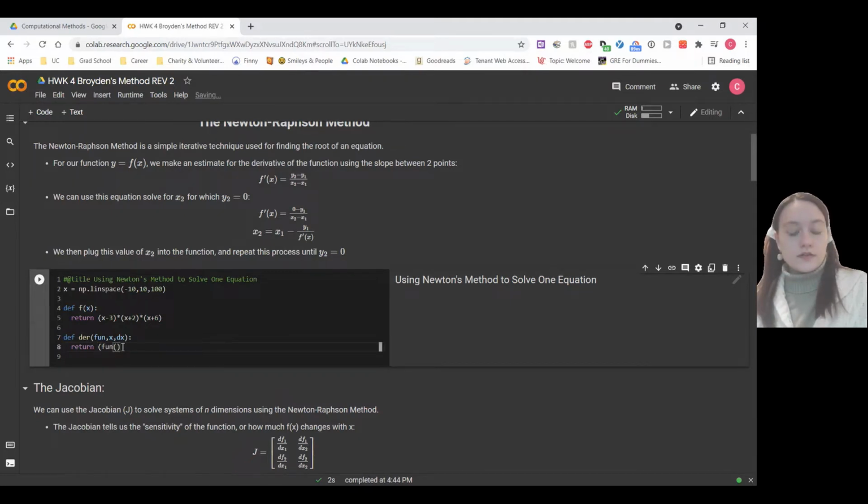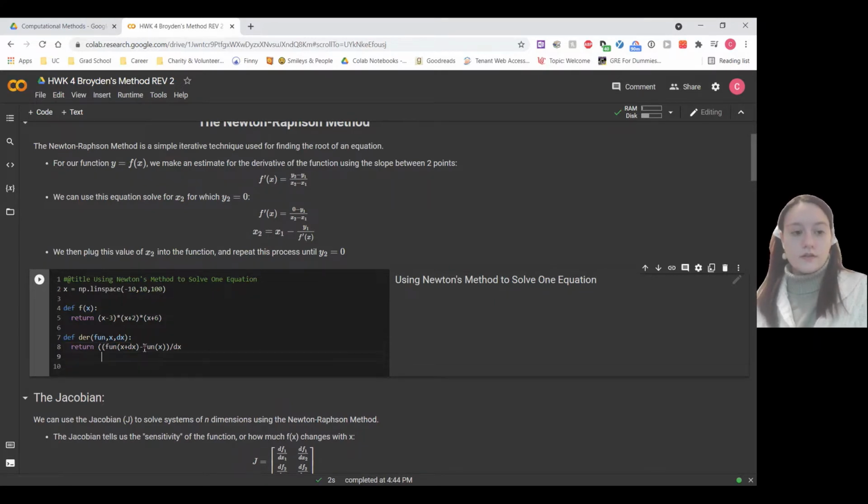So this function, the function of x plus dx, x2 minus the function of x over dx will give us our derivative.